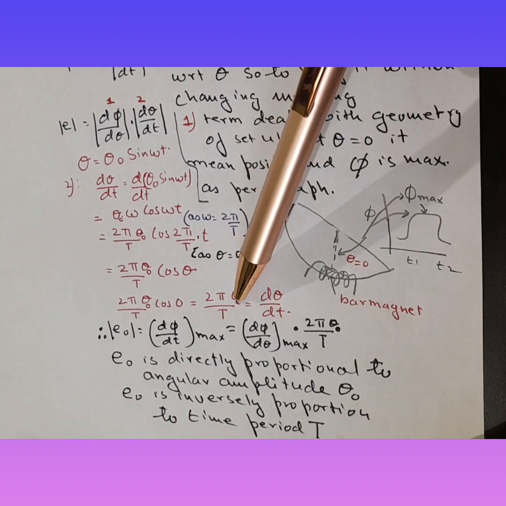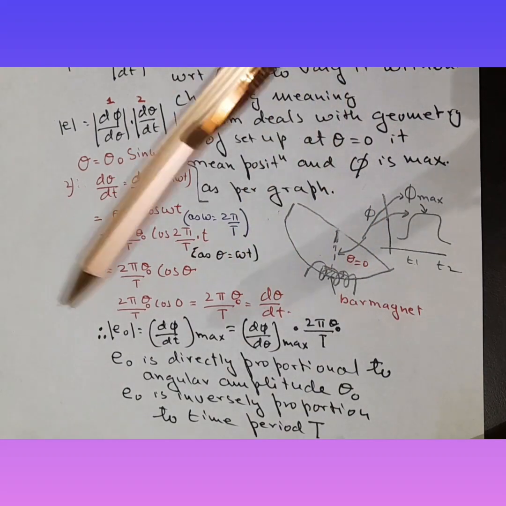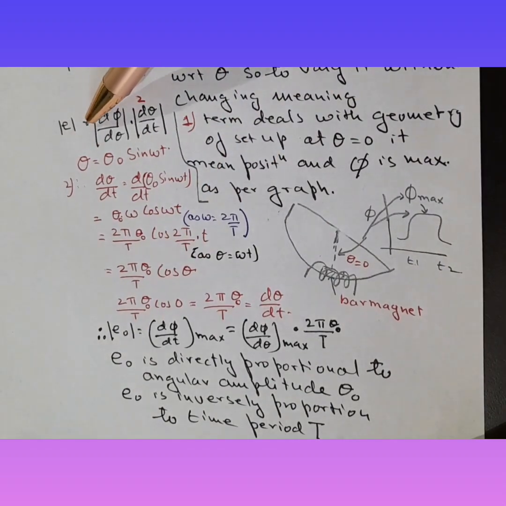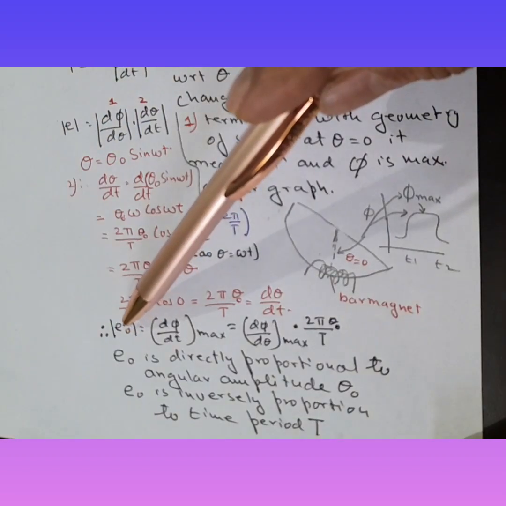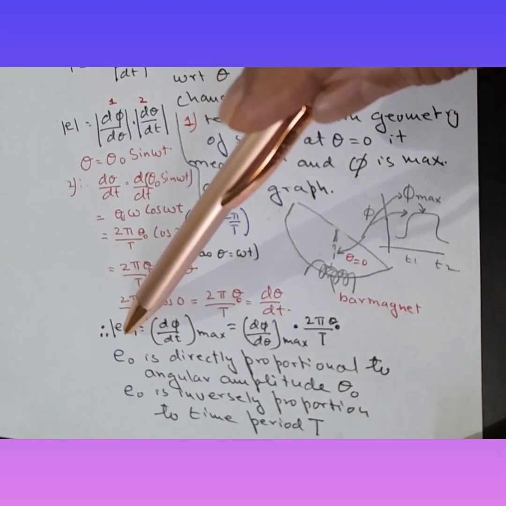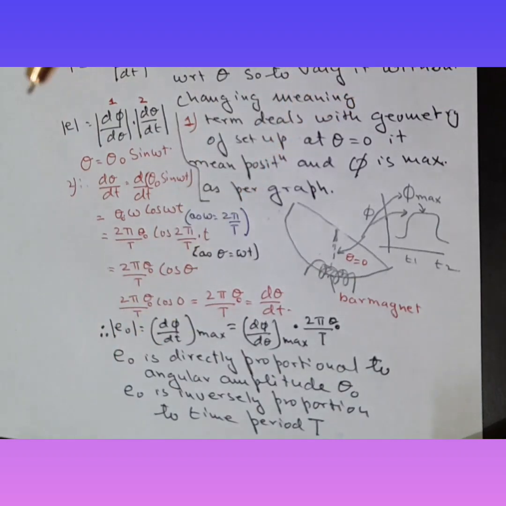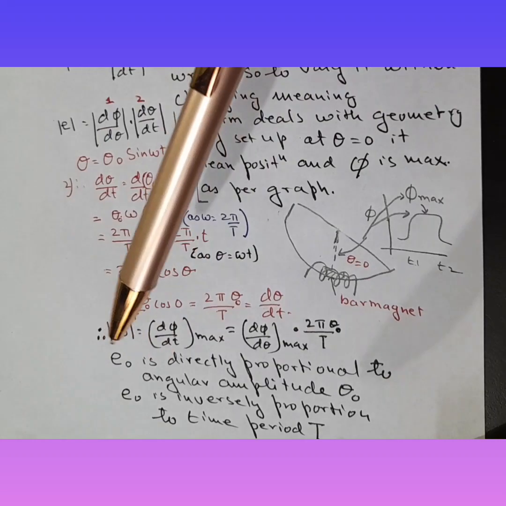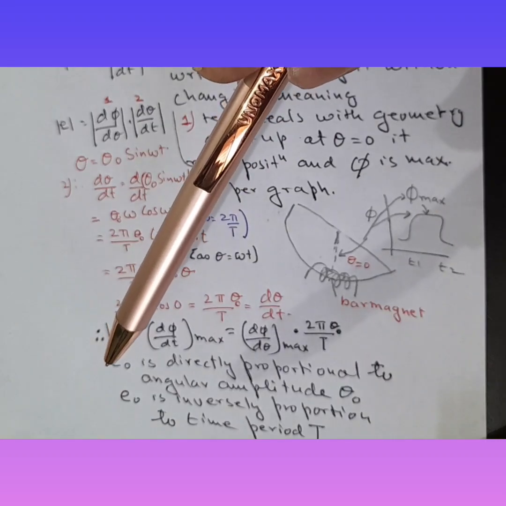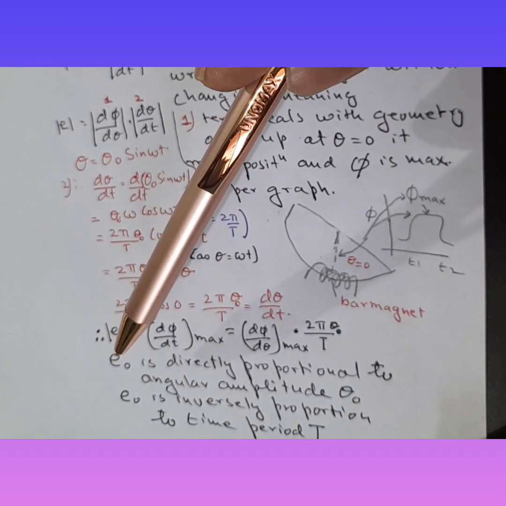Alright, so now let's get back to our original equation. What we need here now, see, now we have changed it from E to E0, as I presented earlier that E0 is maximum value, I0 is maximum current, E0 is maximum EMF, theta 0 is maximum angular displacement, which is amplitude.